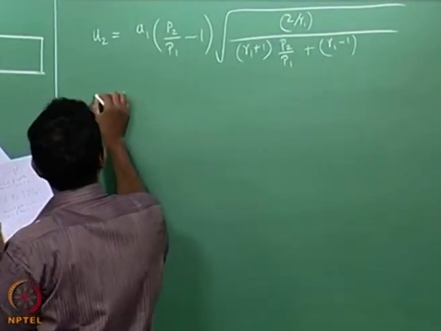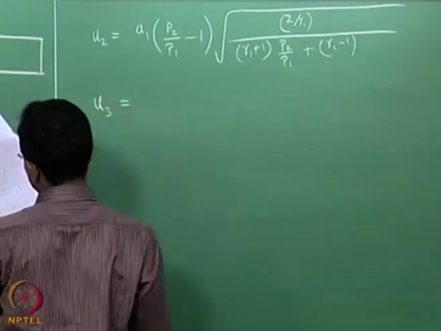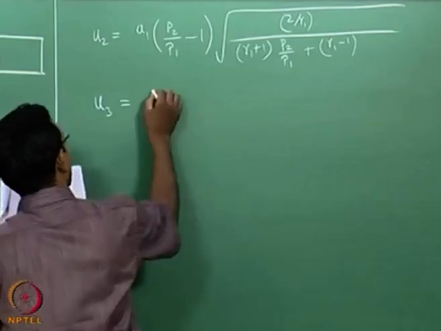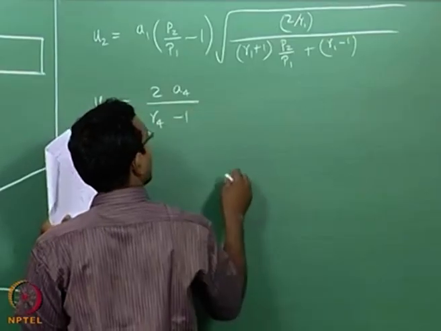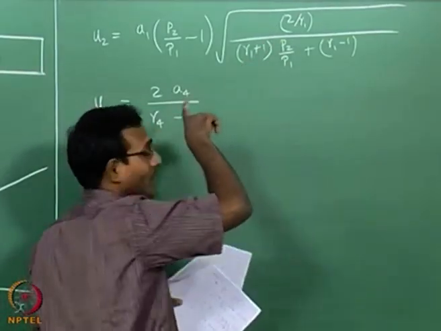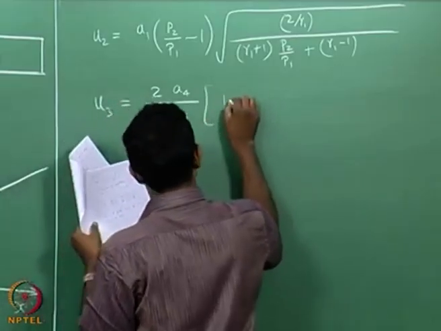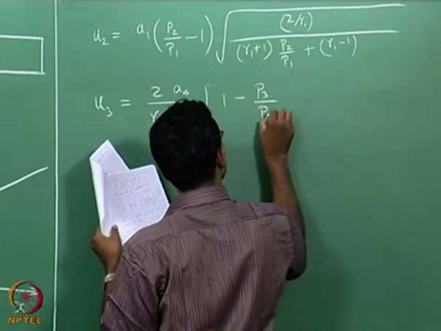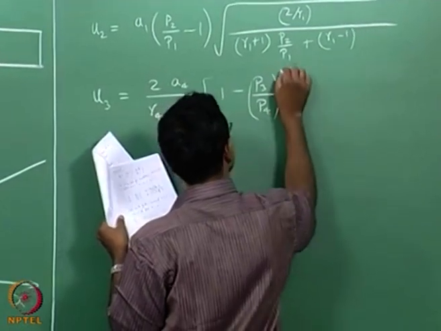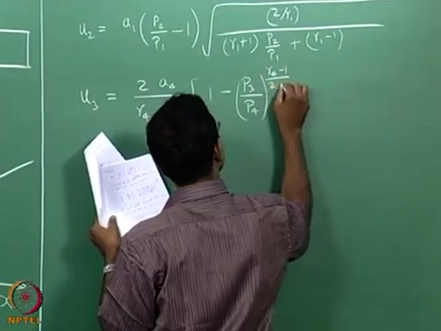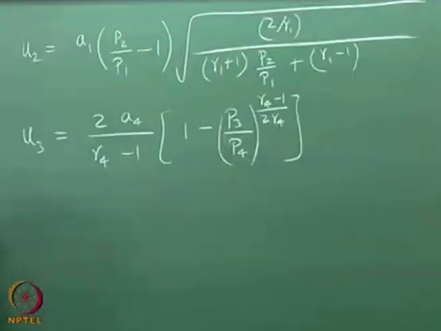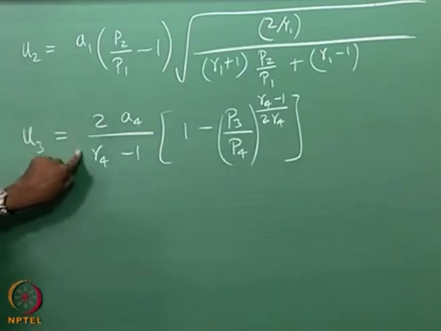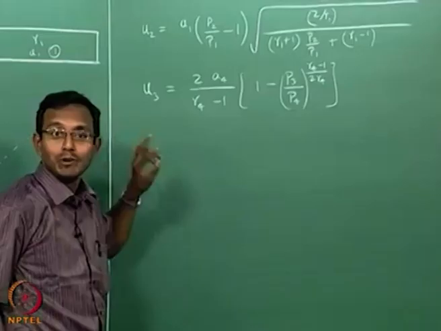Now I will write another for u3, the expansion side, okay. And that expression. Now I am writing, I am being careful about the gamma. I am saying gamma 1 and gamma 4. Remember that. Okay. Now I want to say I will enforce u3 equal to u2, which means I am going to equate these two expressions on the right side, and I will again say p2 equal to p3.